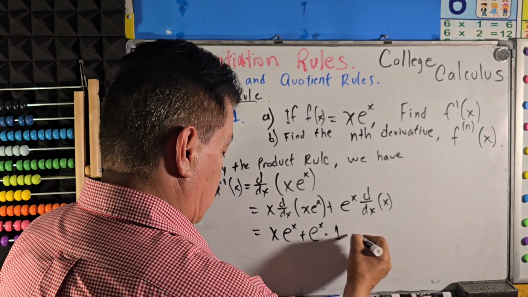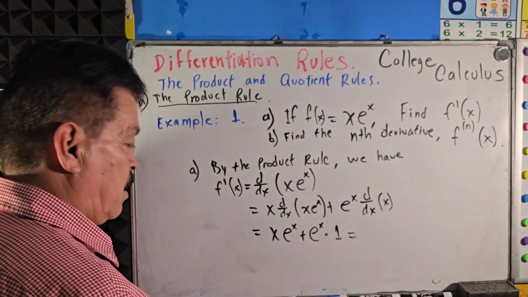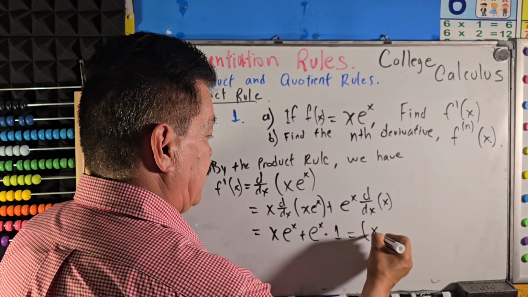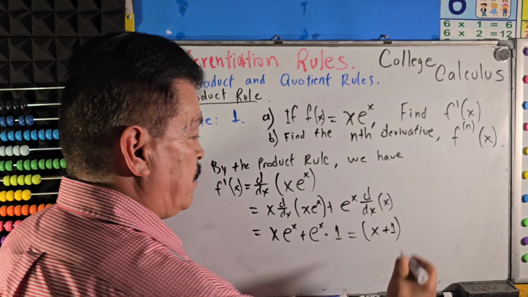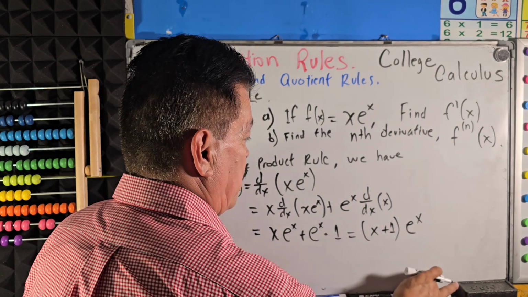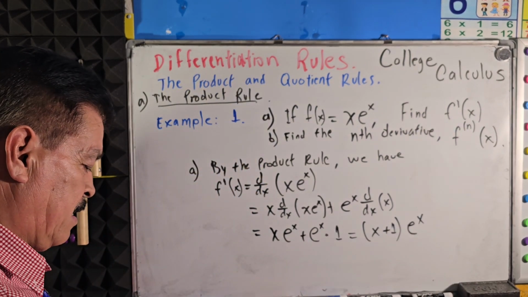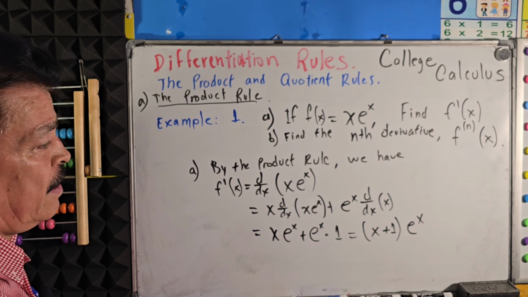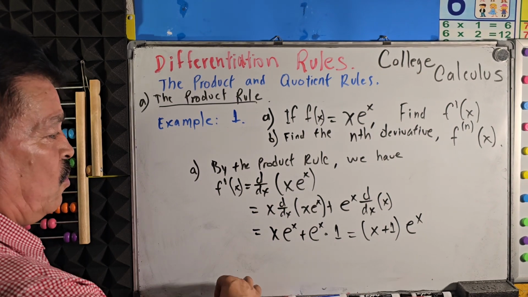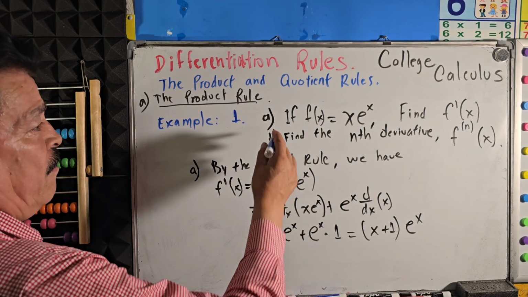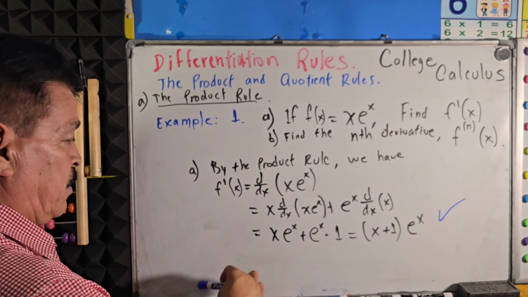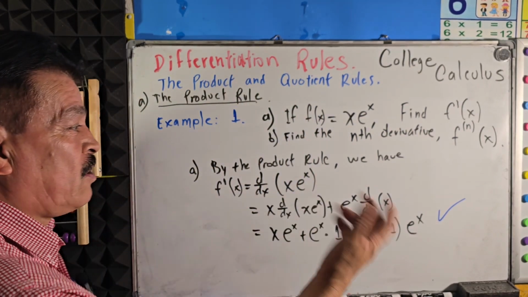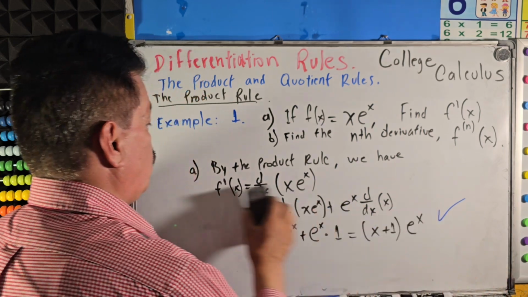So this equals x plus 1 times e to the x power. This is the solution to the first question. Let's go and find the solution to the second one.